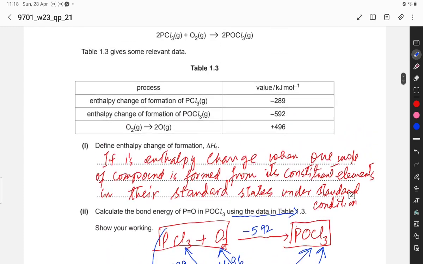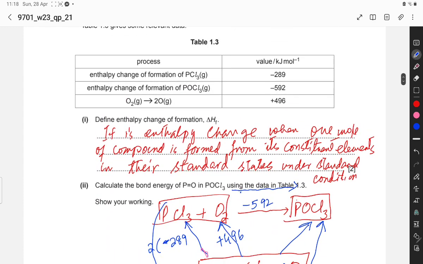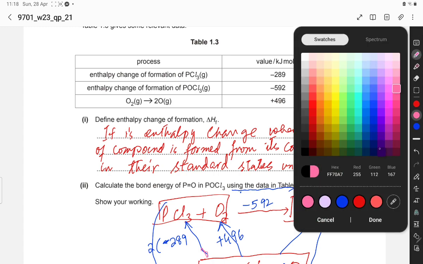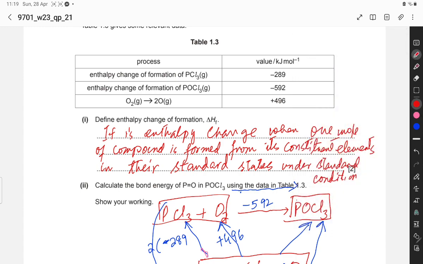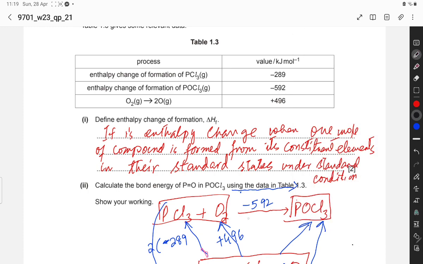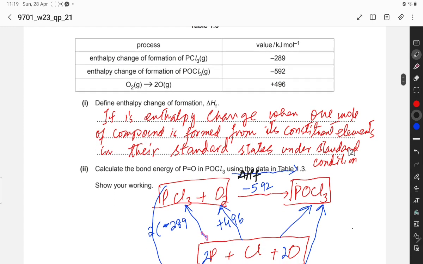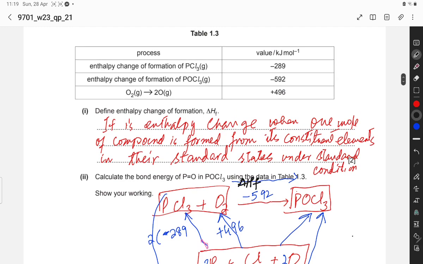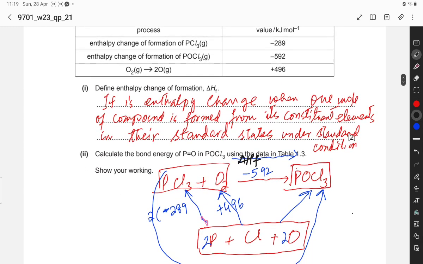So this is the enthalpy change, delta H, and this is delta HF, the enthalpy change of formation of POCl3 from PCl3 and oxygen atom.